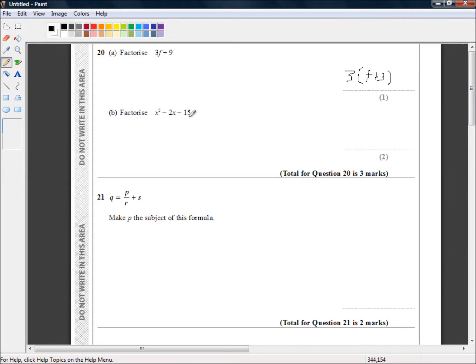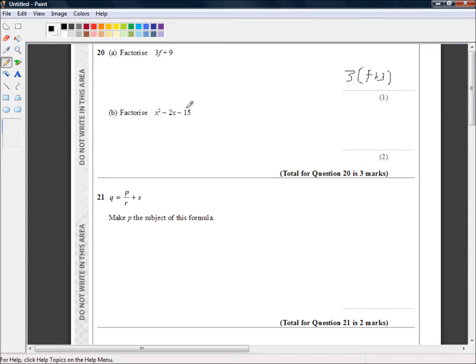A negative times a negative is also a positive. So the only way to get a negative 15 is to have a negative times a positive or a positive times a negative. So we're looking for two numbers, one negative, one positive, that multiply together to give negative 15. And we're also looking for those two numbers to add together to give negative 2.